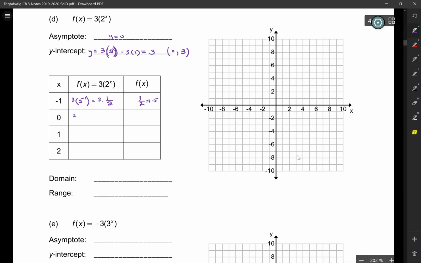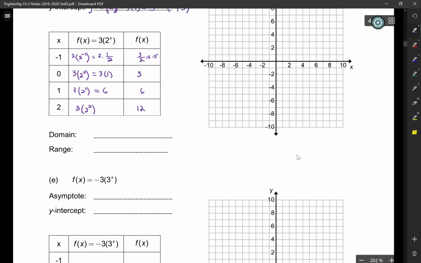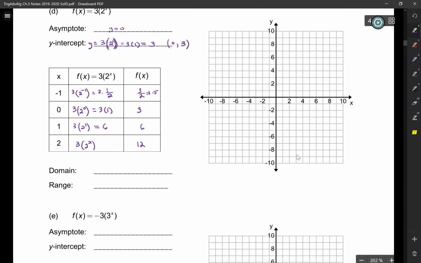Okay, 3 times 2 to the 0 is 3 times 1, which is 3. 3 times 2 to the 1, 6. 3 times 2 squared, 12. Okay, let's put in the asymptote.